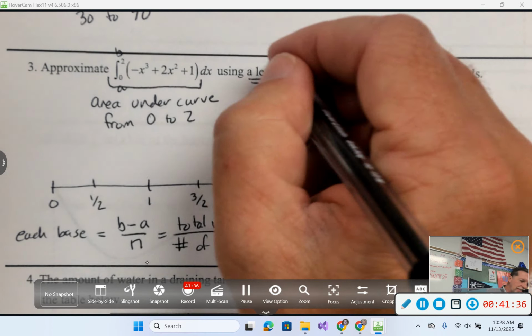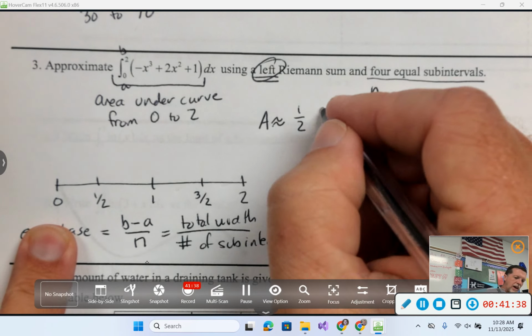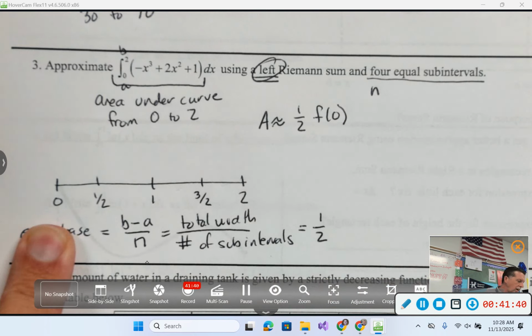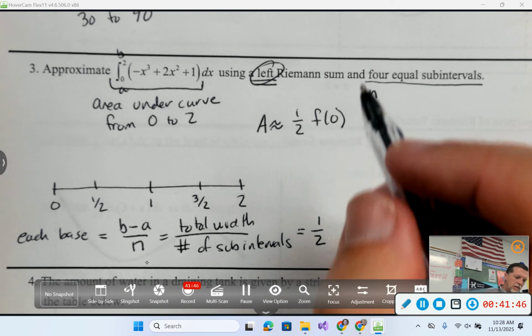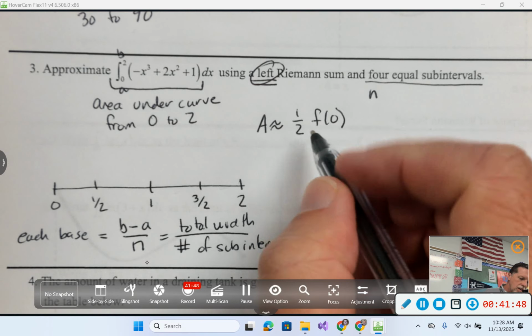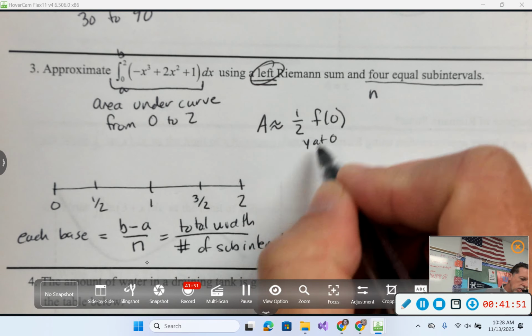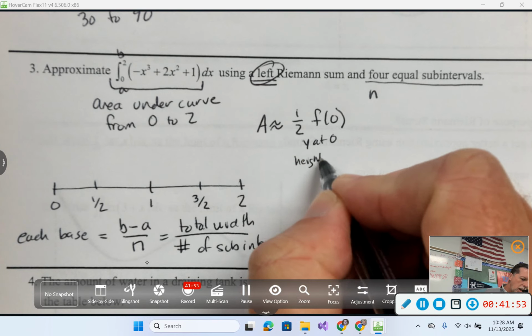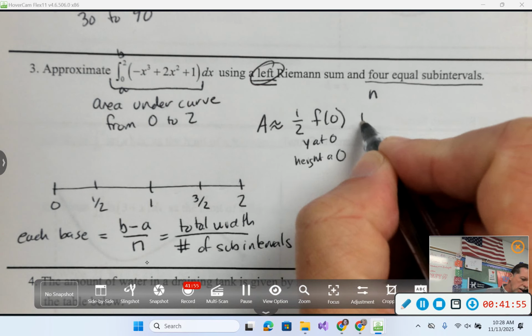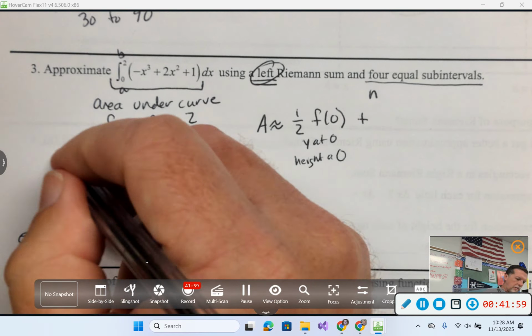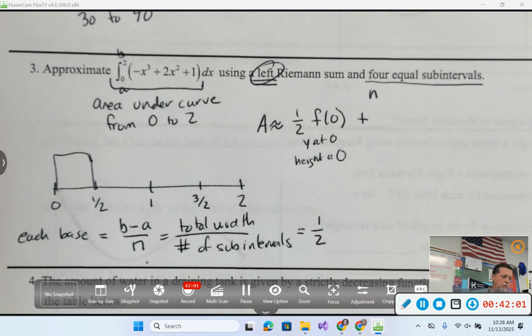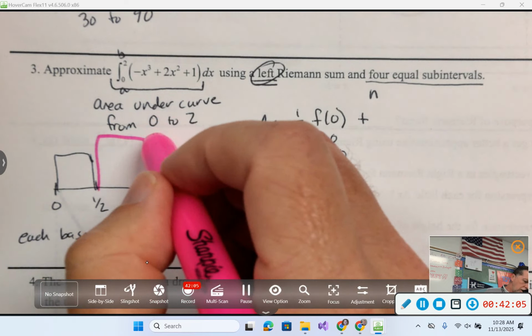I want to use the left-hand height, so that would be the height at 0. f of 0, remember that means the y value at 0, the height at 0. That'd be my first rectangle. I have no idea what that height is, so the picture is definitely not to scale.